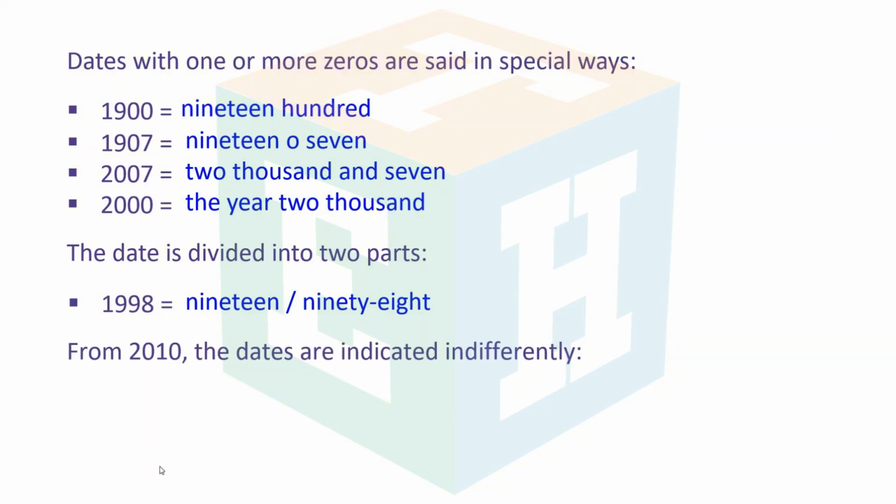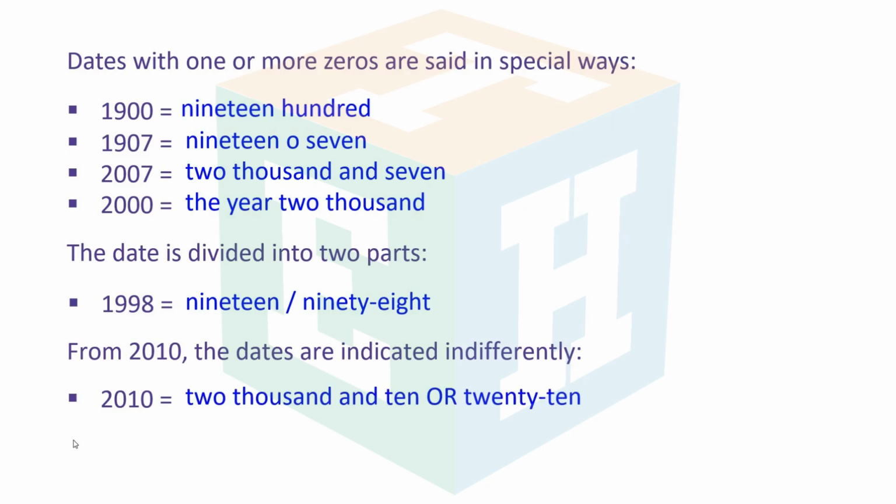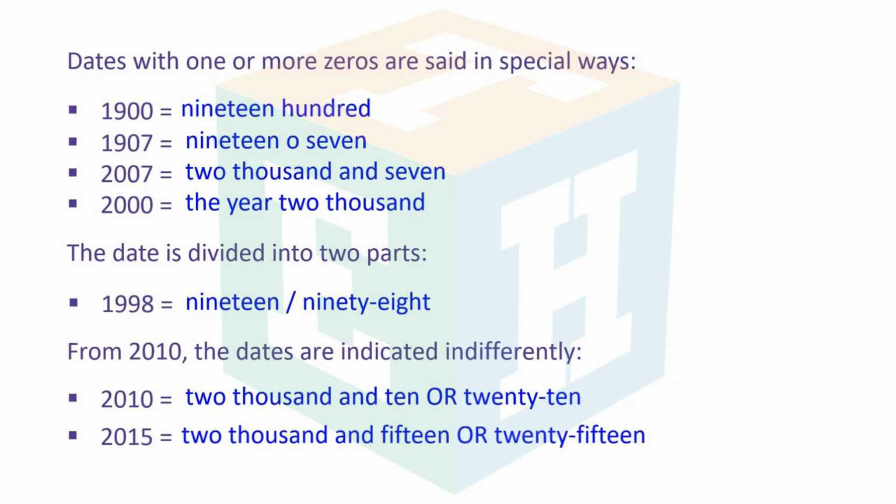From 2010, the dates are indicated indifferently: twenty ten or two thousand ten, twenty fifteen or two thousand fifteen.